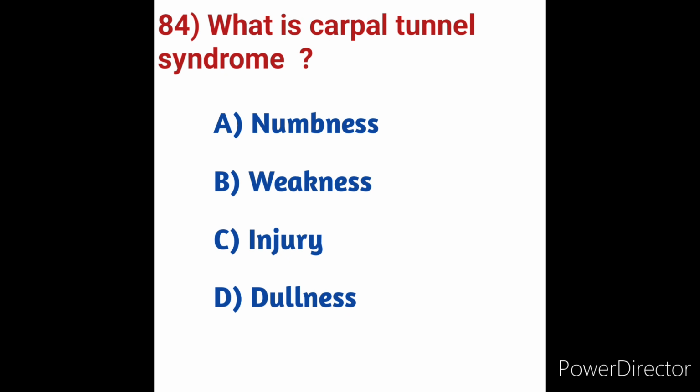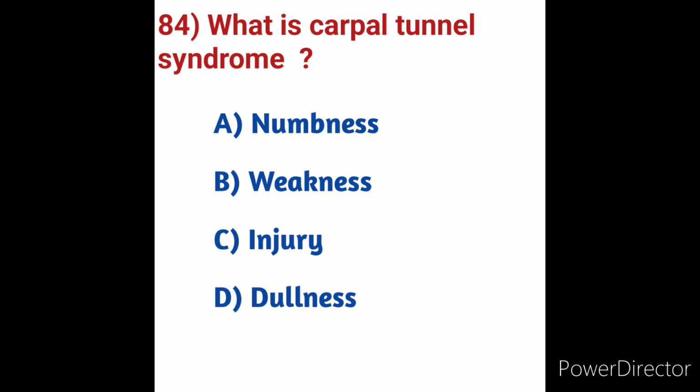Carpal tunnel syndrome is also called median nerve compression, a numbness and tingling in the hand or arm caused by a pinched nerve in the wrist. Wrist anatomy, underlying health conditions, and patterns of use can contribute to carpal tunnel syndrome. What are the causes of carpal tunnel syndrome? It is caused by pressure on the median nerve.